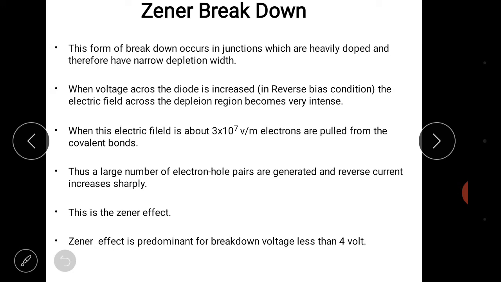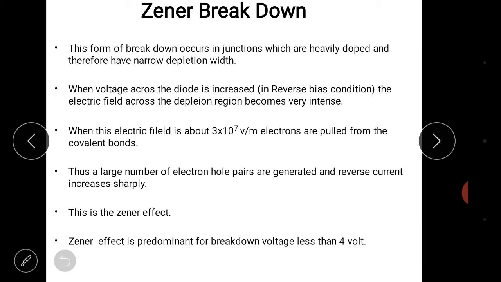Now start with the Zener breakdown. This form of breakdown occurs in junctions which are heavily doped and therefore have narrow depletion width. When voltage across the diode is increased in reverse bias condition, the electric field across the depletion region becomes very intense.